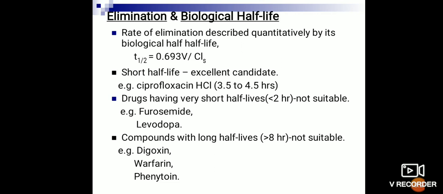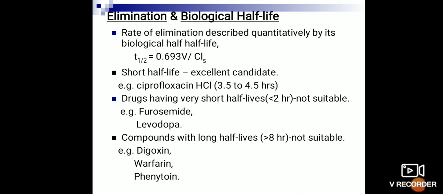Our next factor is elimination and biological half-life. The rate of elimination is described quantitatively by its biological half-life. The biological half-life can be calculated in case of a first order release rate. T 1/2 is equal to 0.693 V by CL.